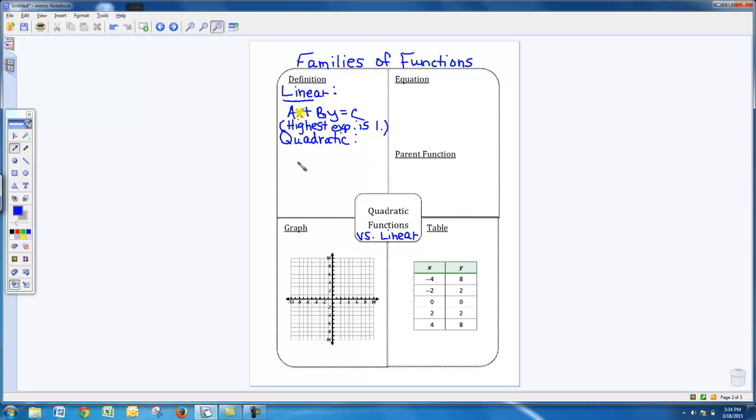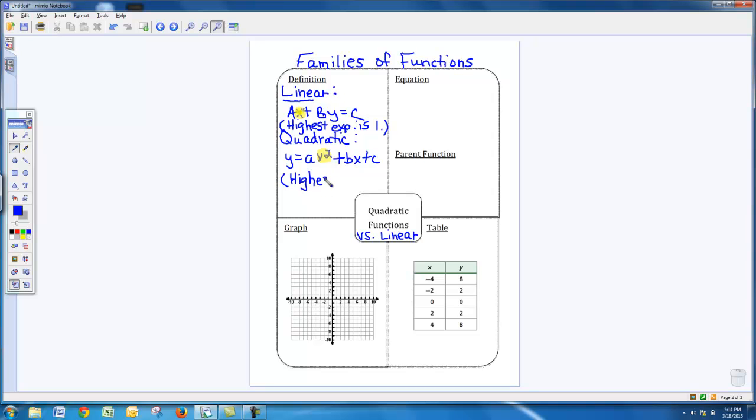Okay, a quadratic function, on the other hand, has a standard form of y equals ax squared plus bx plus c. And the important part to notice about a quadratic function is the x squared. The highest exponent in a quadratic function is going to be 2.